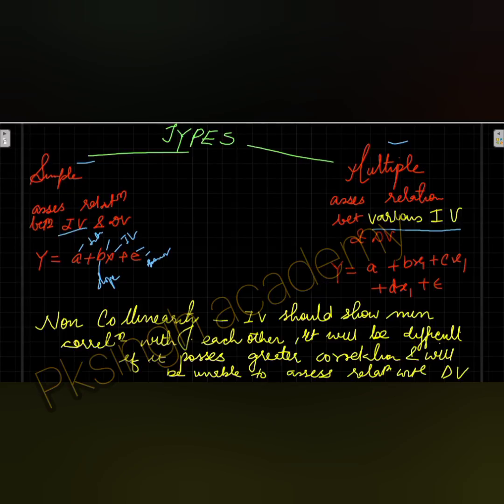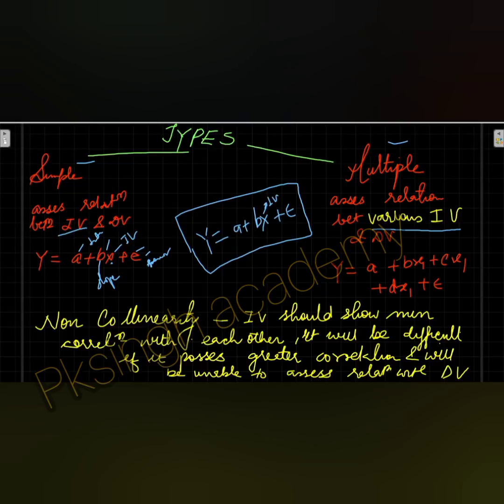Now we'll see non-collinearity. What is non-collinearity? Independent variables should show minimum correlation with each other. If I write an equation, y is equal to a plus bx plus e, this x is the independent variable.